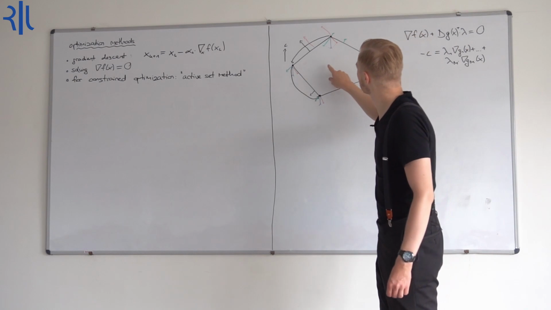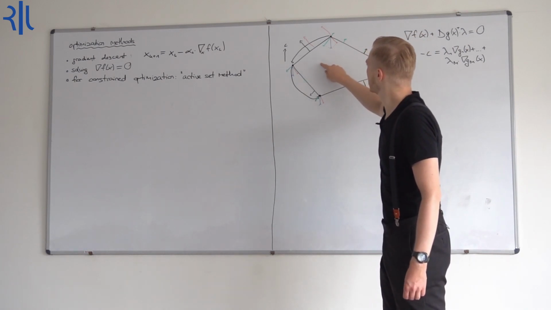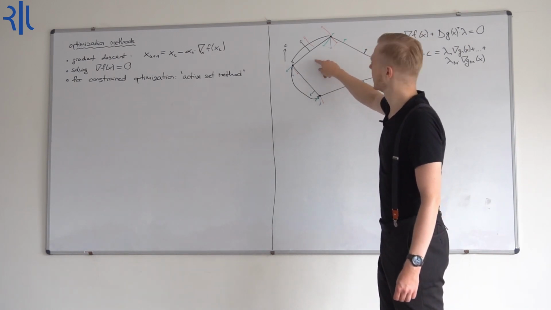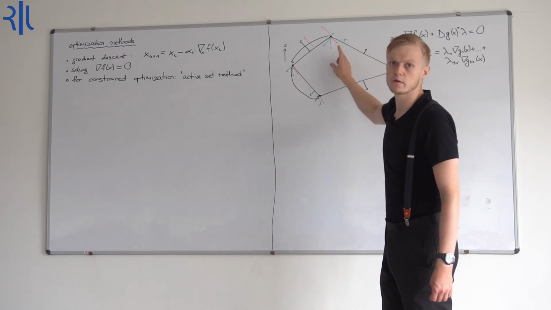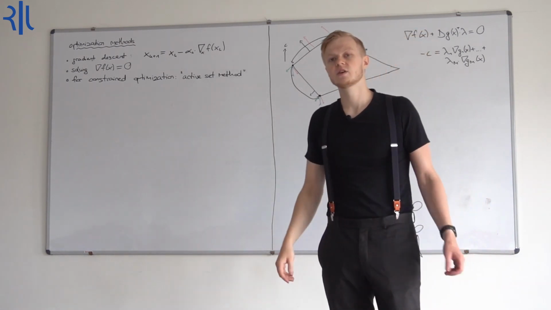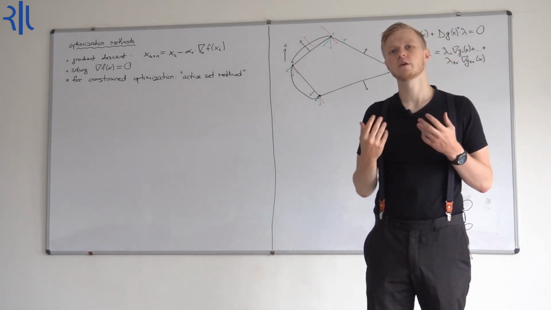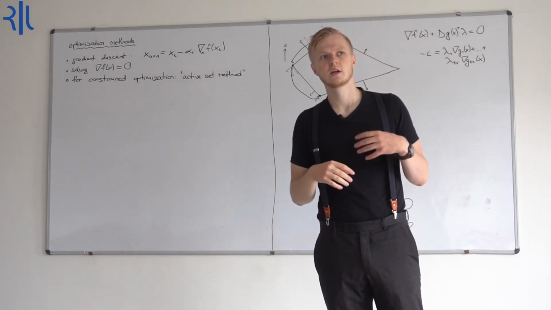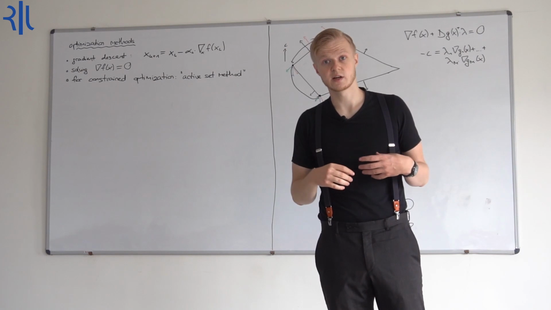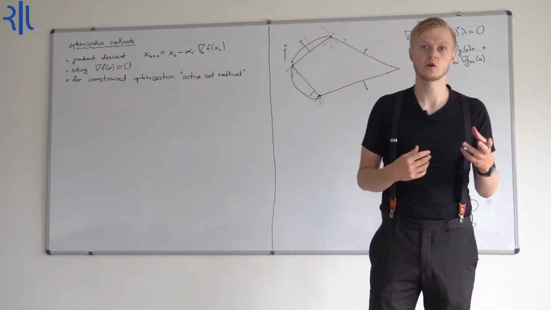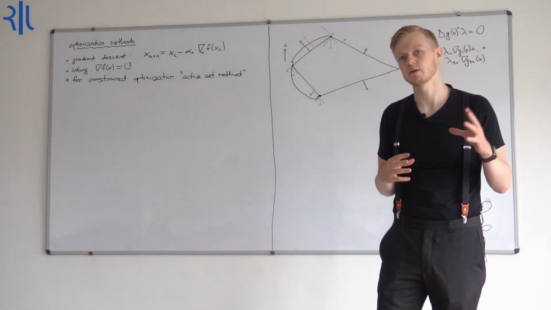Or if it was a quadratic optimization problem, the optimum might be in here, and we would again just let go of those inequalities. So the idea of the active set method is just to figure out locally which inequalities are necessary and which are unnecessary, and then letting go of the ones which are unnecessary and keeping the ones that are necessary.